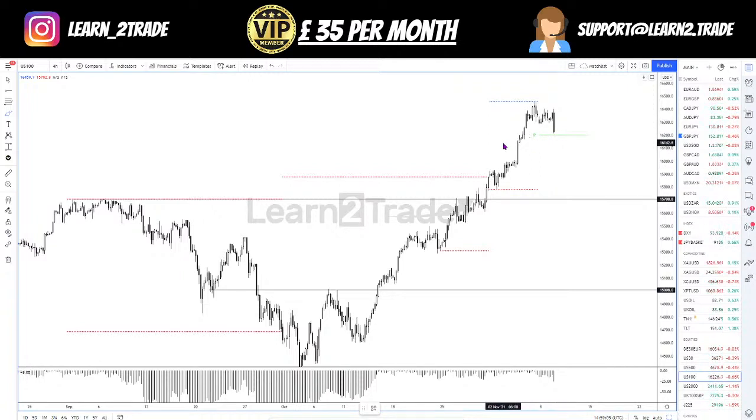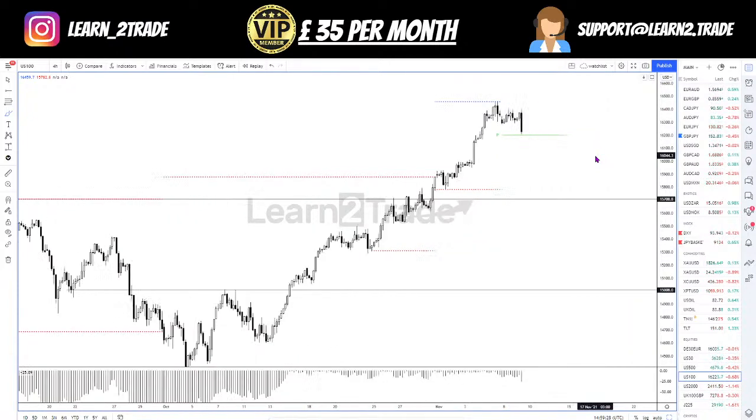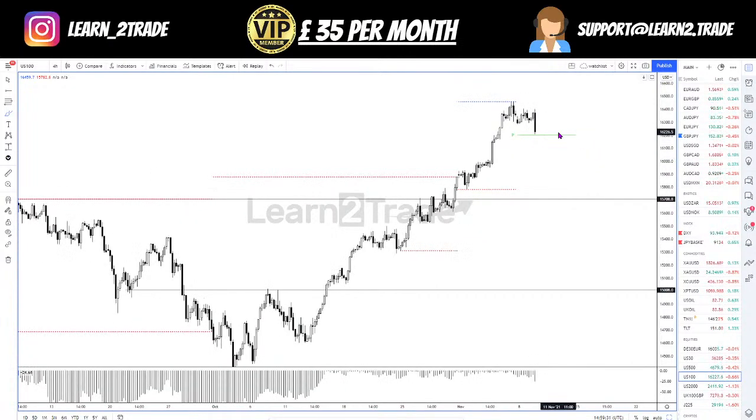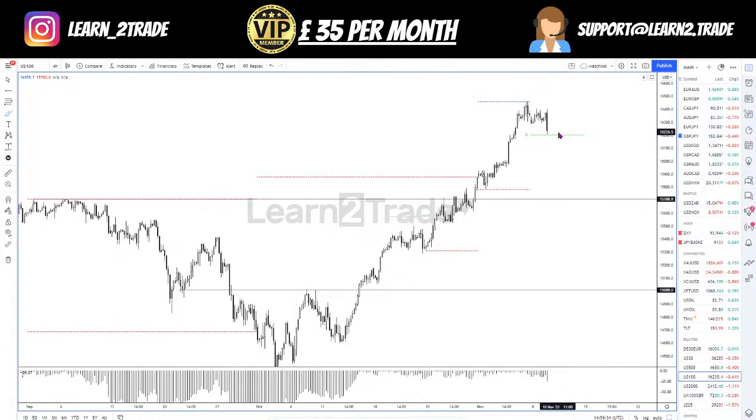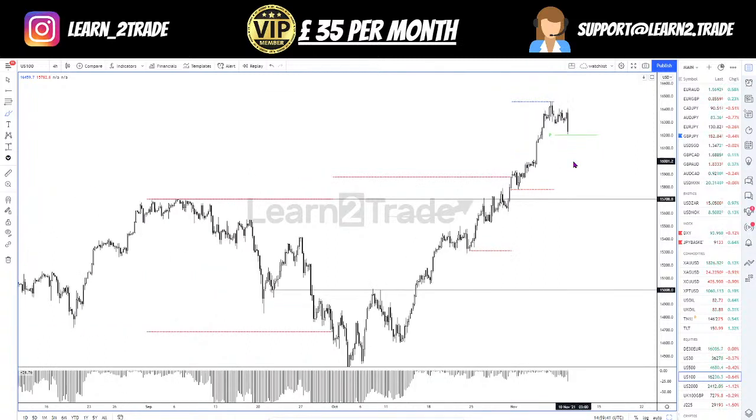What I like about today's price action on the Nasdaq is the possibility of a move down towards these previous broken highs. And here is where I'm going to find the next probable buy for the next probable leg up, and that, of course, will be sent to my VIPs.